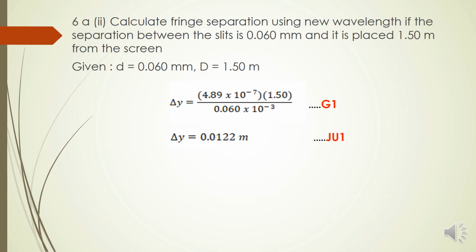So, given slit separation 0.06 mm and slit to screen 1.5 meter, screen separation means we want to calculate delta Y. So the formula for delta Y equals lambda D over small d. Okay, substitute the given information, get 1 mark for substitution and 1 mark for the answer, 0.0122 meter.